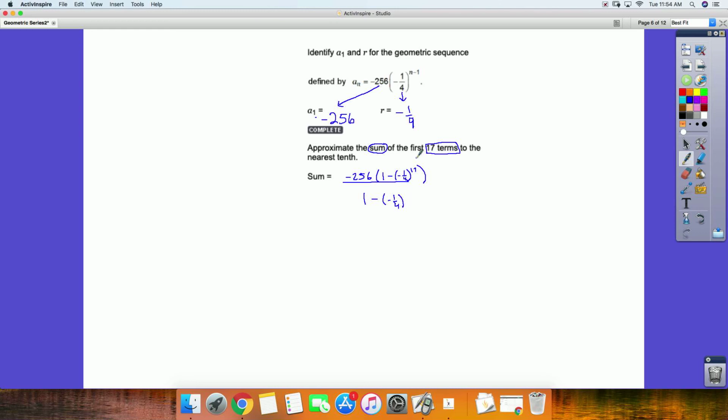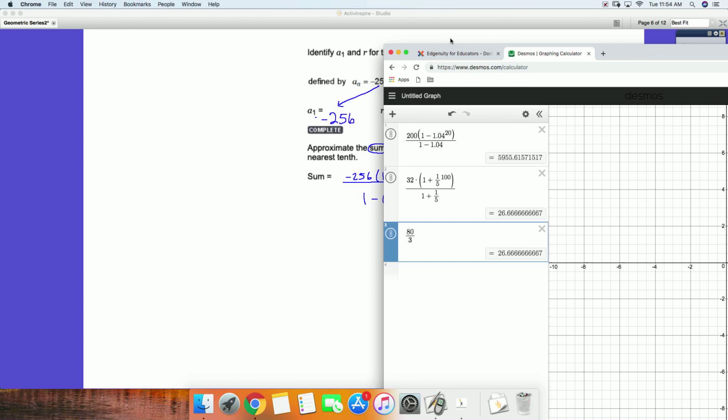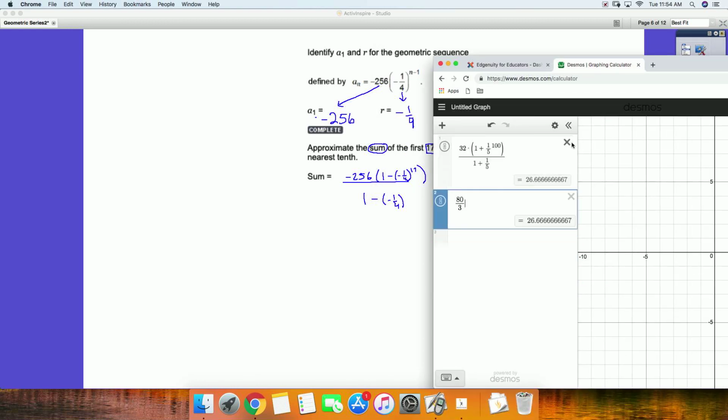So this might be a problem that you want to just go ahead and stick into Desmos, your calculator that's built into your program. And if we do that, it'll do all the work for us. A little hint in Desmos, anytime you want to hit a fraction, hit the division sign.